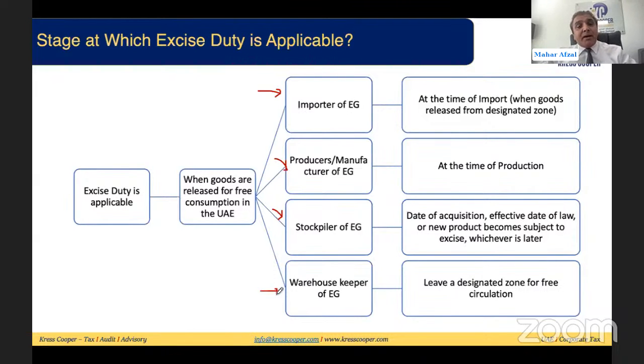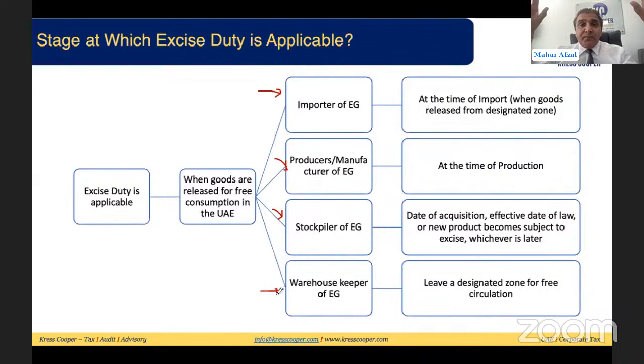And the fourth player in the market is warehouse keepers. Warehouse keepers are something like designated zones. We have already discussed designated zones so many times. You can set up a warehouse keeper on the mainland as well. You need to apply to the FTA. You can set up a warehouse, and you need to appoint one warehouse keeper. If the excisable goods are within the warehouse, you will not be liable to pay excise duty.